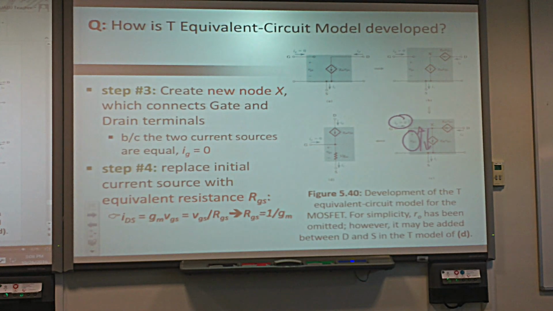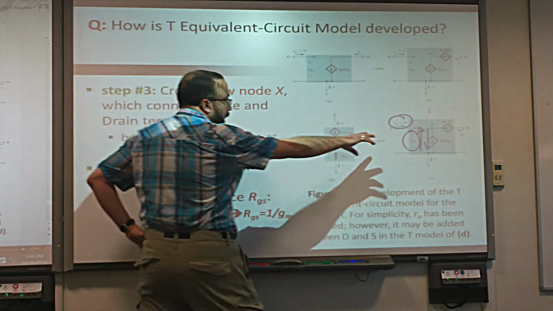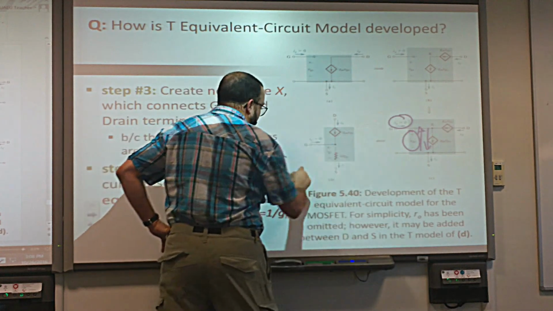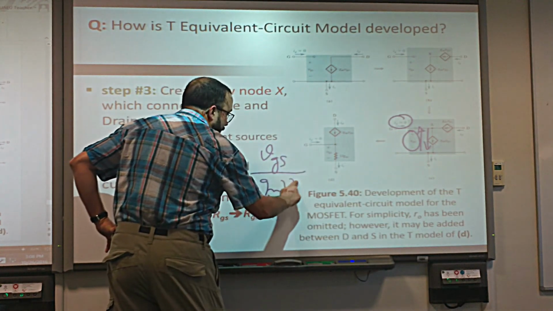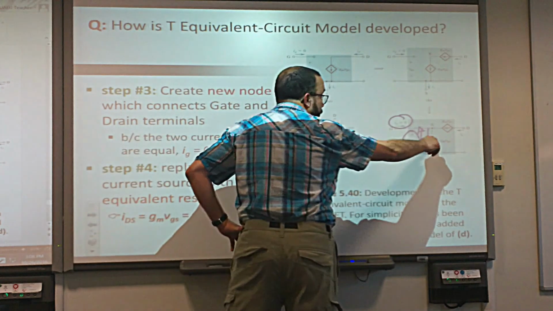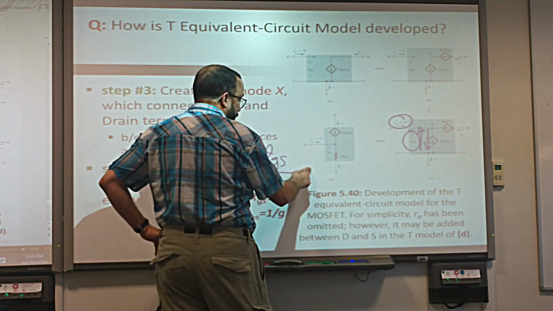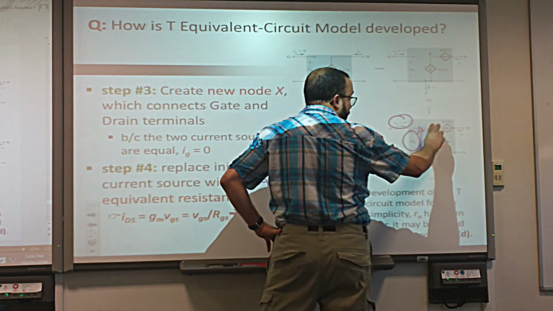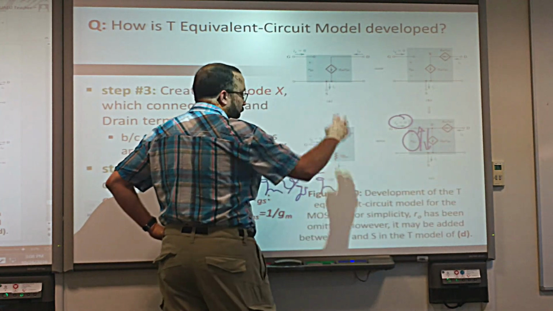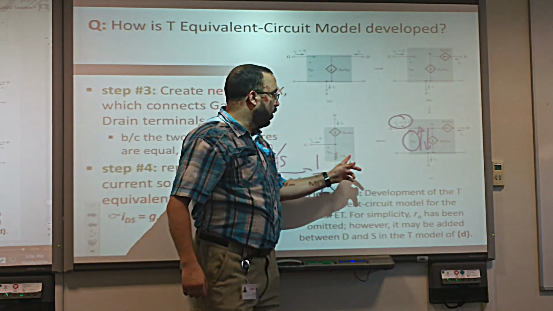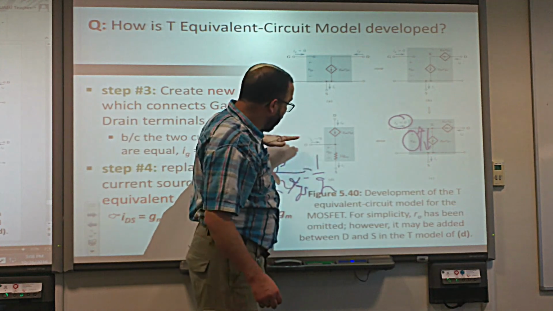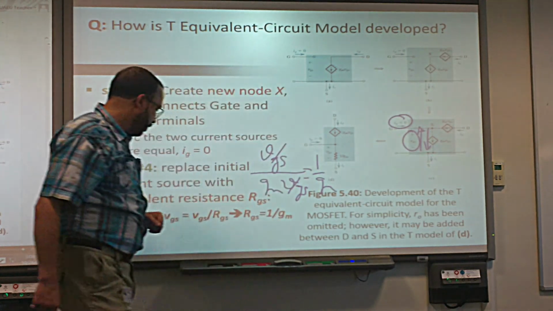IDS is equal to gm VGS. I have to repeat this in a different way. So here, if we take that voltage, VGS, divided by the current, which is gm VGS, that gives me the resistor between X and S, which is going to be equal to 1 over gm. So in this case, I can take this out and replace it by a resistor that is equal to 1 over gm, and the voltage across that resistor is VGS. And still, the current coming from the gate is equal to 0.